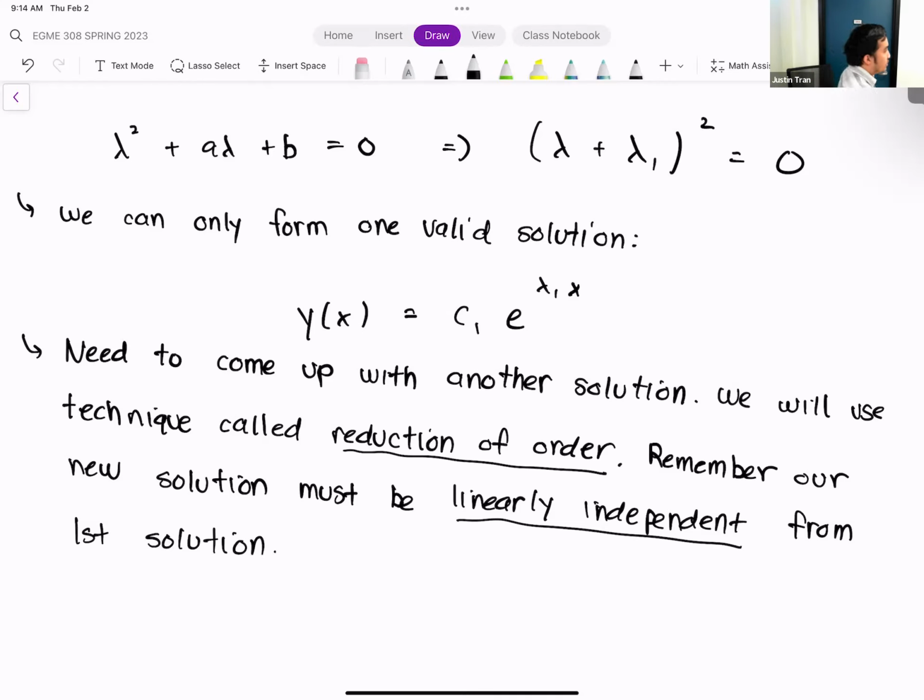So we have to come up with another solution. It has to be linearly independent from our first one, and then we're going to add those two together.